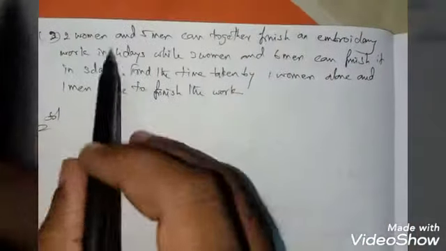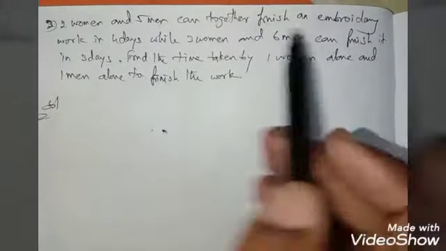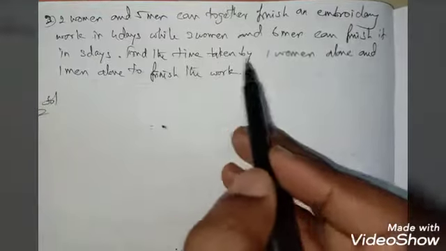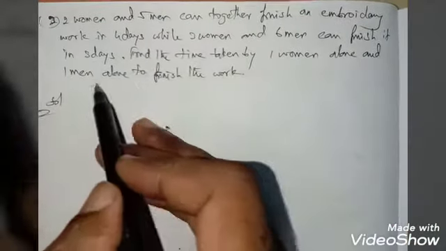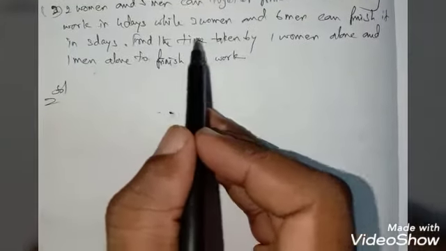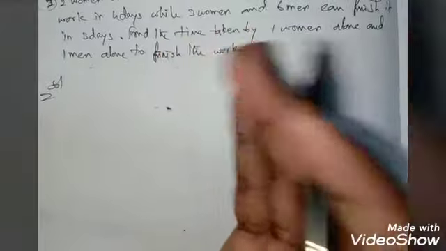Okay, so the next question is: 2 women and 5 men can together finish an embroidery work in 4 days, while 3 women and 6 men can finish it in 3 days. Find the time taken by 1 woman alone and 1 man alone to finish the work. So we are finding how much time a single woman can take to complete that work.